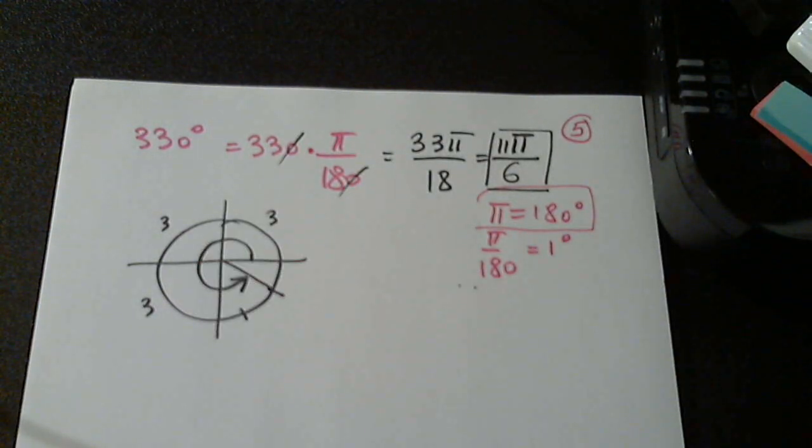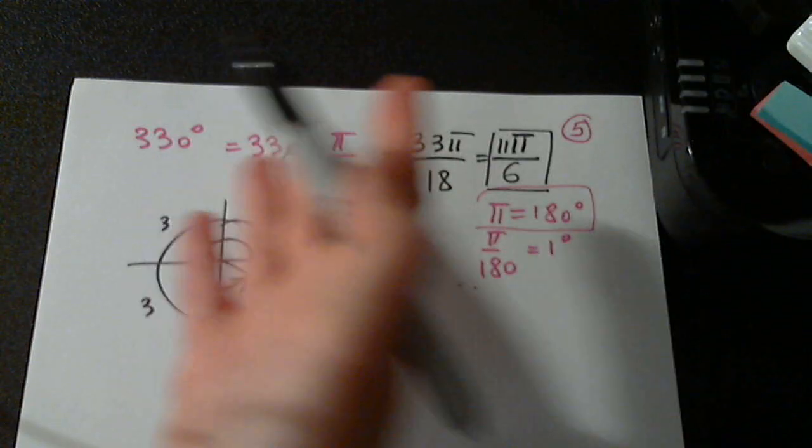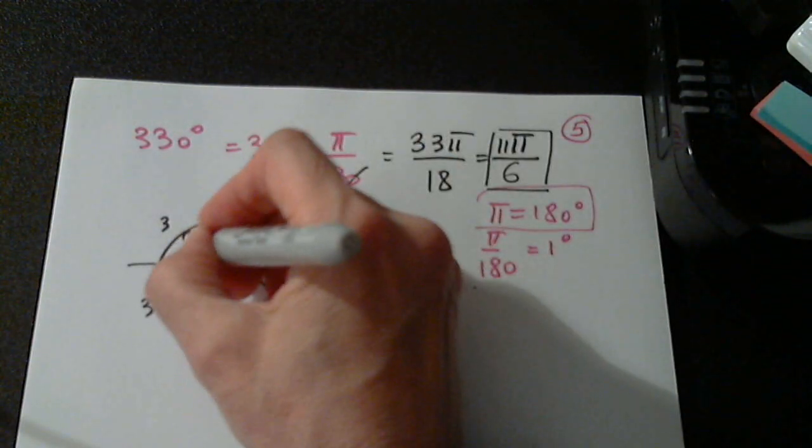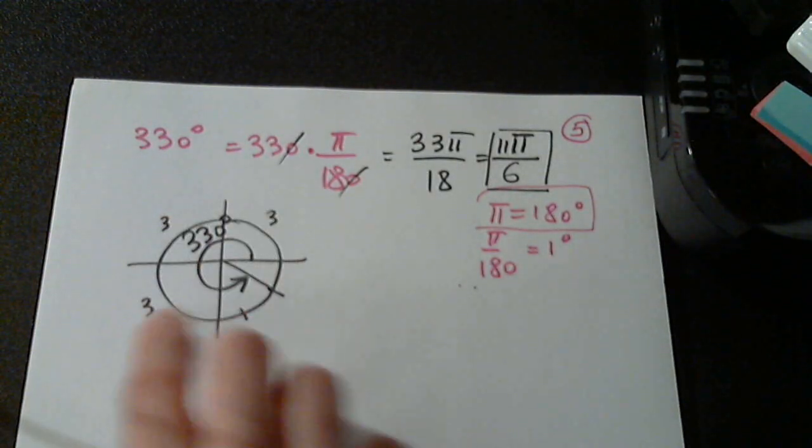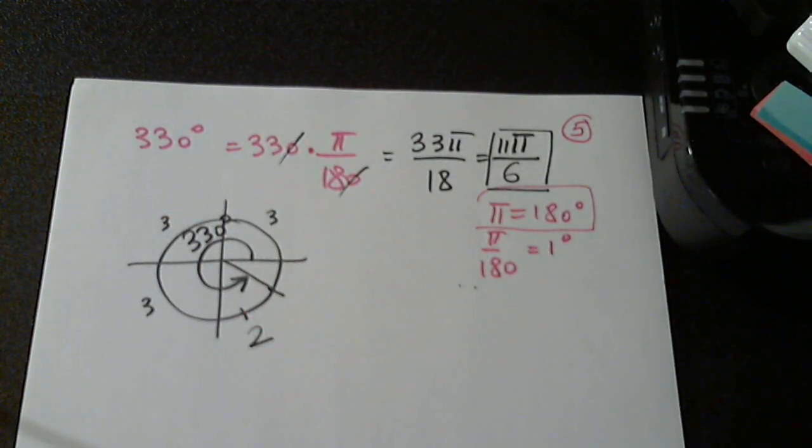This is my angle of 330 if I want to picture that. We were not asked to do that, but I wanted to make sure you understand how to do it. 11 of 30. 3, 3, 3, and 2 more of 30. Once you understand this, you will never forget how to count these angles or calculate any of this.